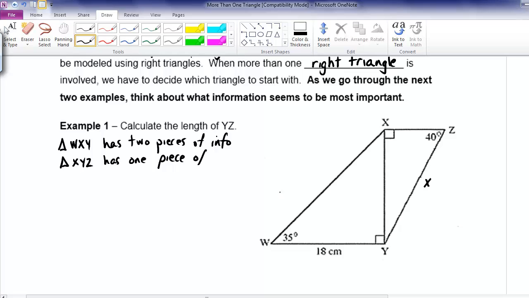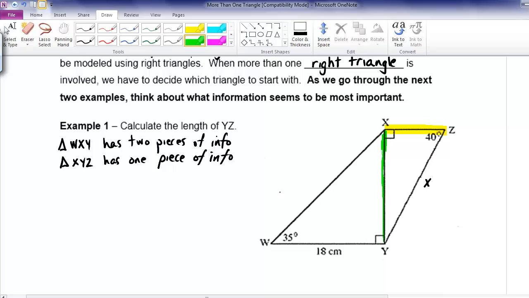And as we know, in order to answer questions about a right triangle, we need two pieces of information, be it two sides or an angle and a side. So in trying to ultimately answer how long is side x, which is the hypotenuse of the right triangle, what we really need to be able to do is get another piece of information. And it wouldn't really matter if it were this side or this side.